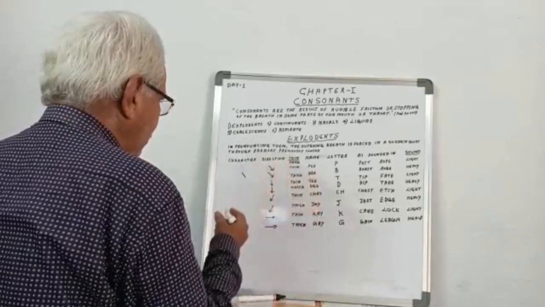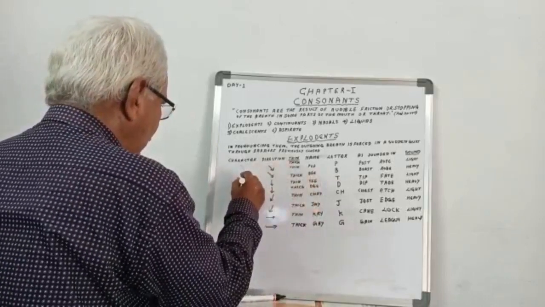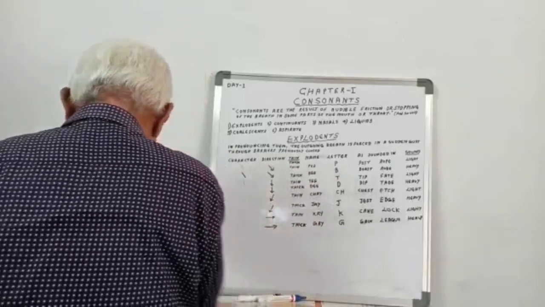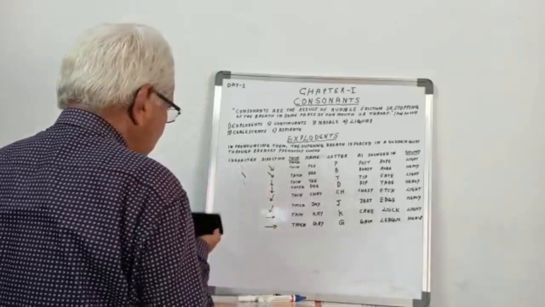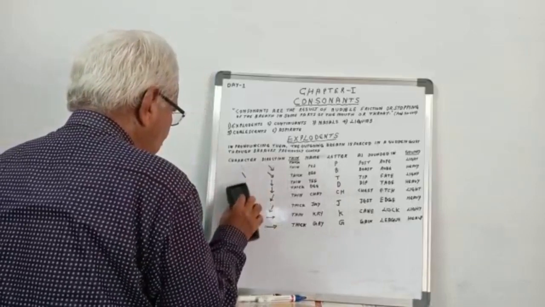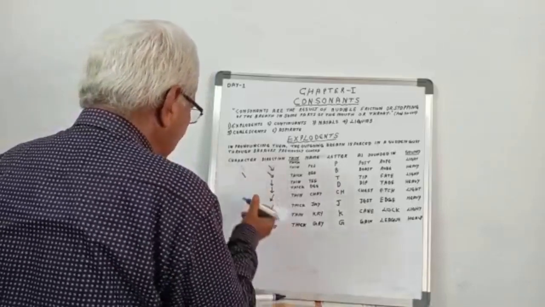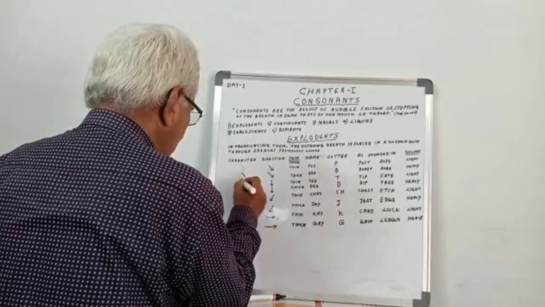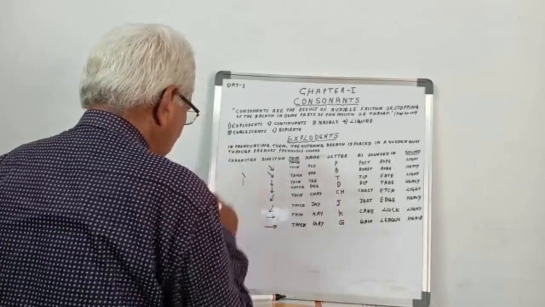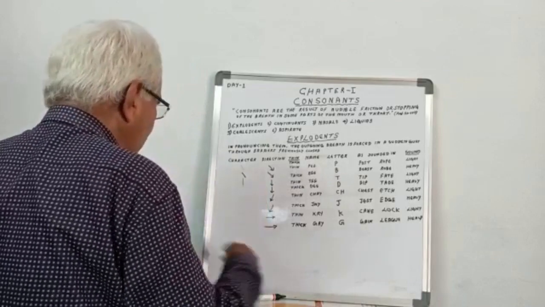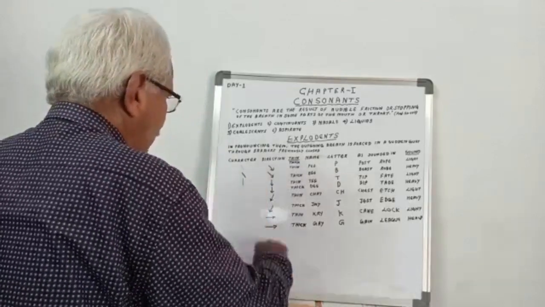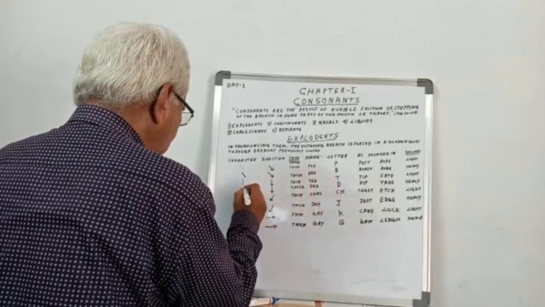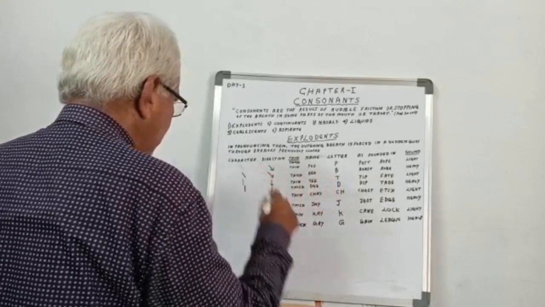Next, T. This is a light straight stroke. Next stroke is D. This is a heavy, thick stroke downward.